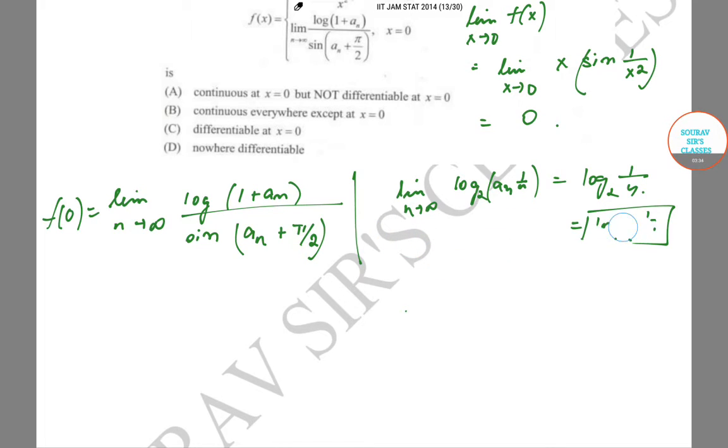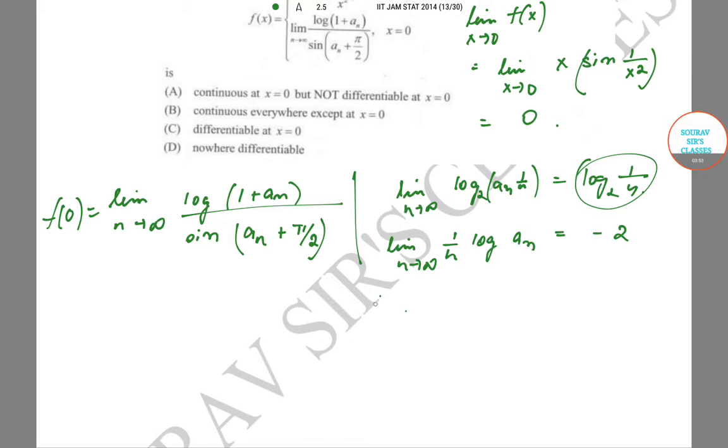So we knew that limit n goes to infinity, log 2 a_n to the power 1 by n equals log 2 1 by 4, which is minus 2. Limit as n goes to infinity, 1 by n log a_n. Now as 1 by n is multiplied by log a_n here, it's just log a_n by n. As n goes to infinity, log a_n has to go to minus infinity.